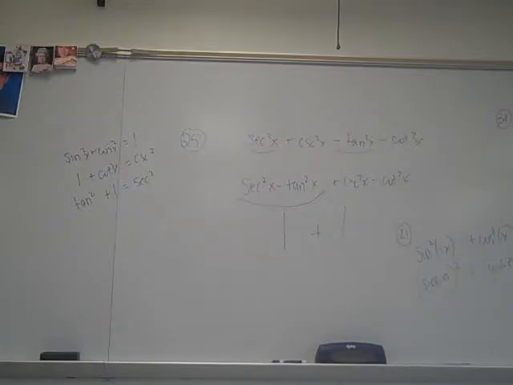It doesn't even matter if you remembered which was even and which was odd. But just for fun, was sine even or odd? Odd. Sine was odd, so this one would be negative sine x squared. And cosine was even, so it would be regular cosine squared. But it doesn't really matter, because what happens once you square it? It becomes even. The negative goes away anyway, because the negative squared is just going to be positive.